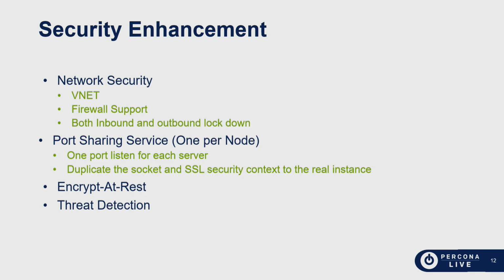It's one port listened for each server type, like MySQL has 3306, and SQL Server has, I cannot remember the exact number. And there's a lot of code we can add here to detect DoS, DDoS and things like that. And we're adding a lot of telemetry here, which helps us do some threat detection.